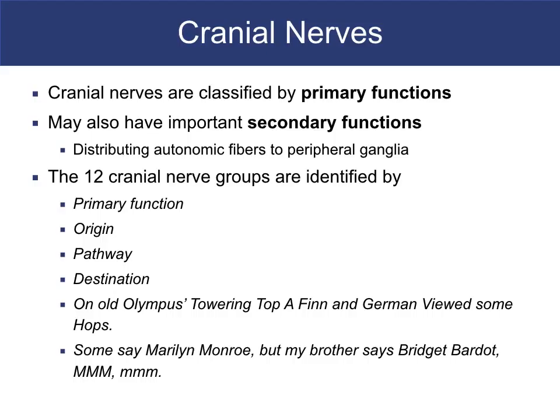Olfactory. Number 2, optic. Your eyeballs. Number 3, oculomotor. Now, as we go through these, let's think, well, what does this one do? Well, this one carries your smell, obviously. This one carries your vision.